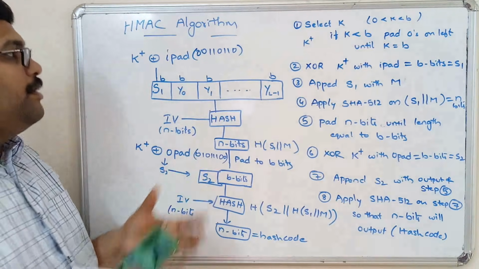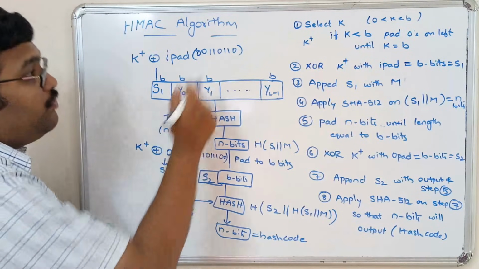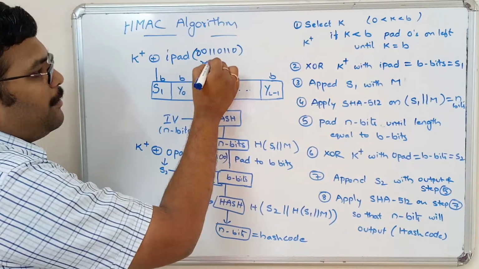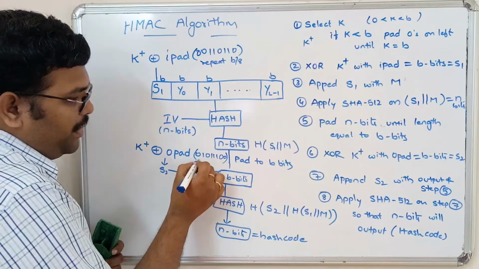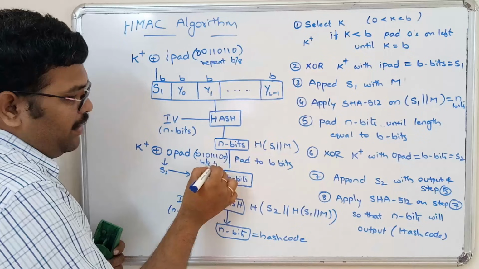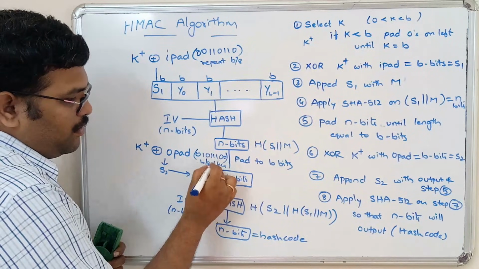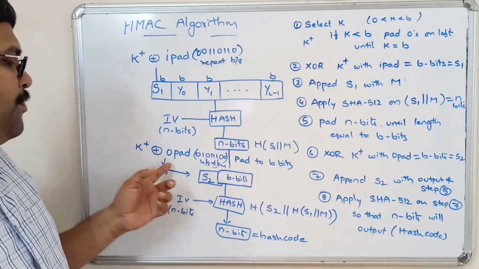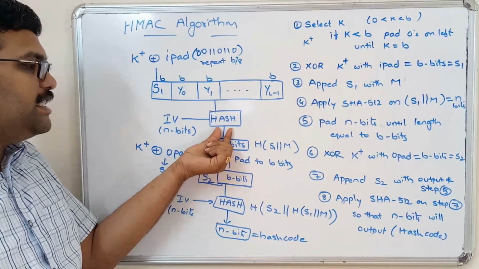So this is the OPAD, right? So we have to repeat it b by 8 times. Here also repeat b by 8 times.